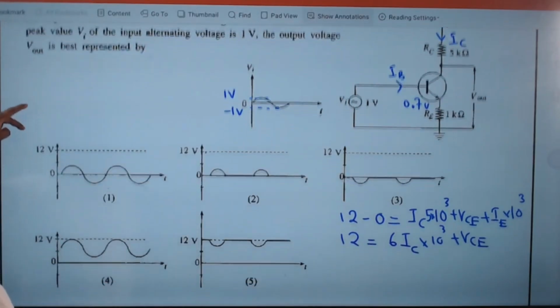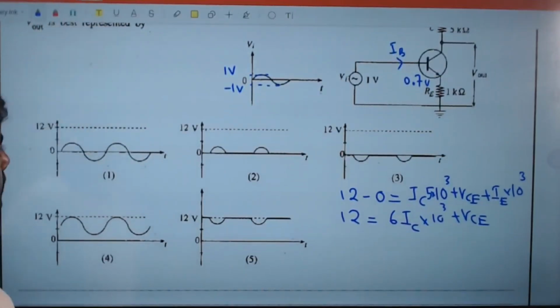Look at this carefully. Now basic variation.